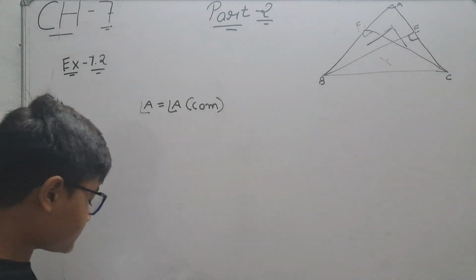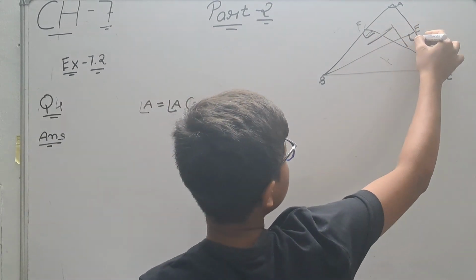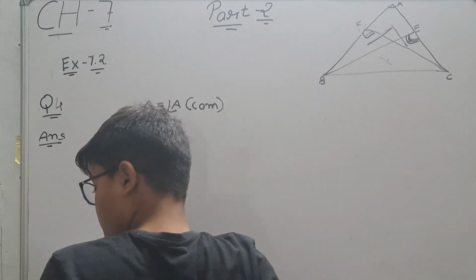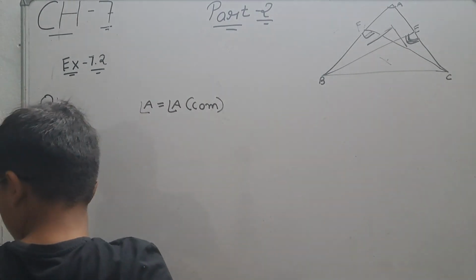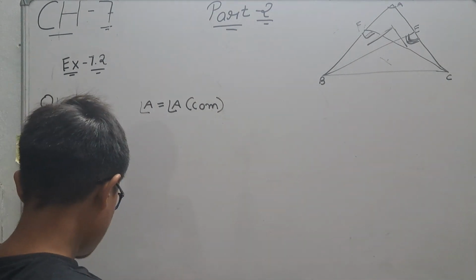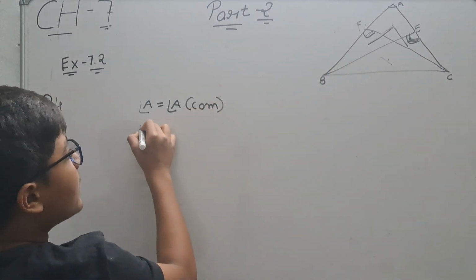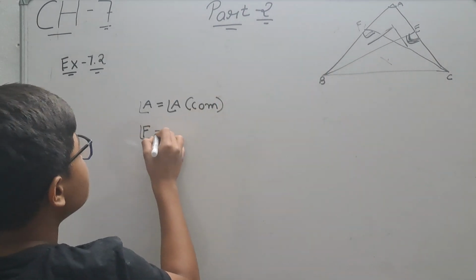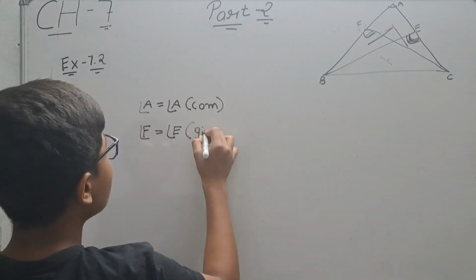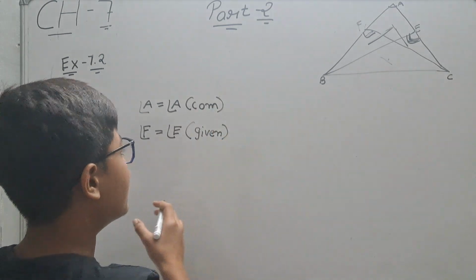Now they have given that angle F is equal to angle E. So we can say that angle F is equal to angle E, that is given.